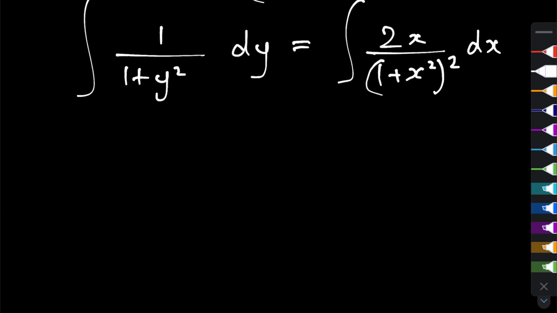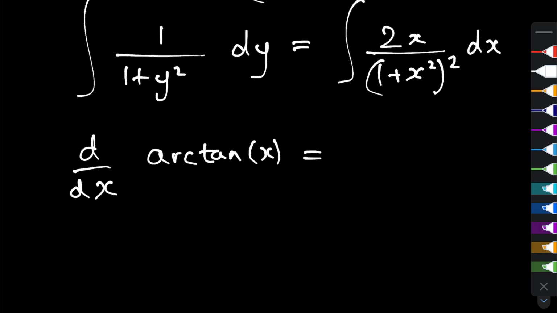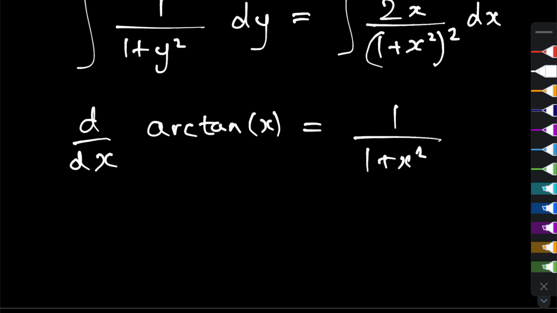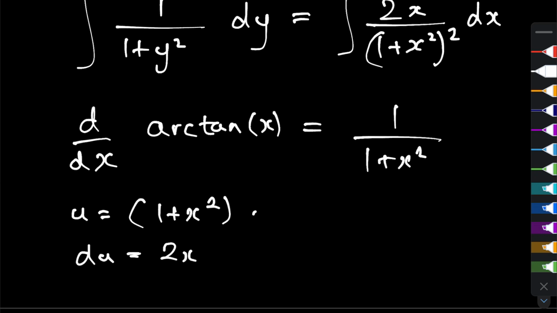The left side is actually fairly straightforward to integrate if we can spot that the derivative of arctan, or inverse tan x, is equal to 1 over 1 plus x squared. For the right side, we'd have to use a u substitution where u is 1 plus x squared, which tells us that du is 2x dx.